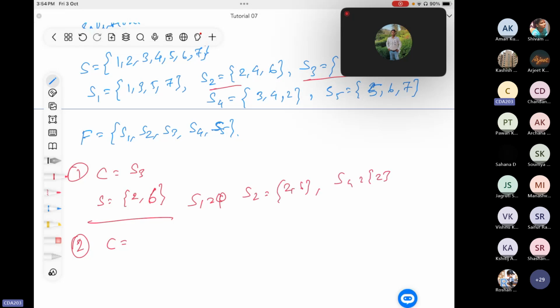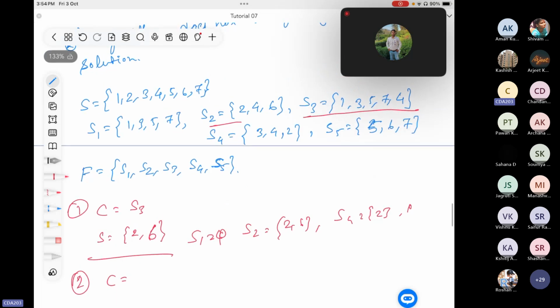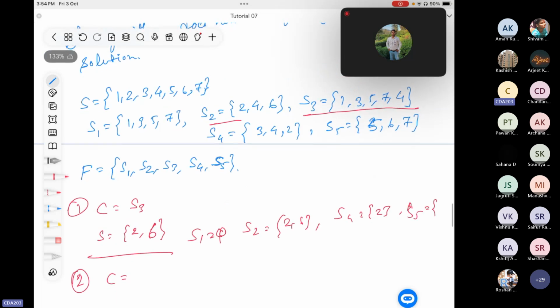S4 is 2, and S5 is 6 only. So S2 would be the next choice. So S3 union S2 is optimal. S3 is the maximum cardinality. That's why you choose S3. But yes, S1 union S2 could be the obvious choice. No, this is again an option where it gives you the optimal.